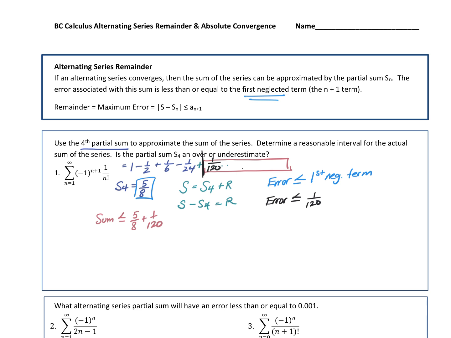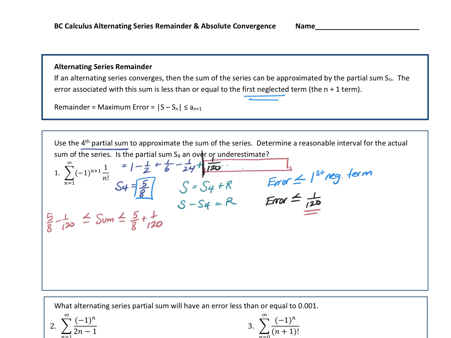That's bounded on the right-hand side, and then I could bound it on the left-hand side: 5/8 minus 1/120. This 1 over 120 is the worst case scenario. So let's look at how that's even possible. What I'm saying is that this one term accounts for everything from here all the way to infinity. So how is that possible?